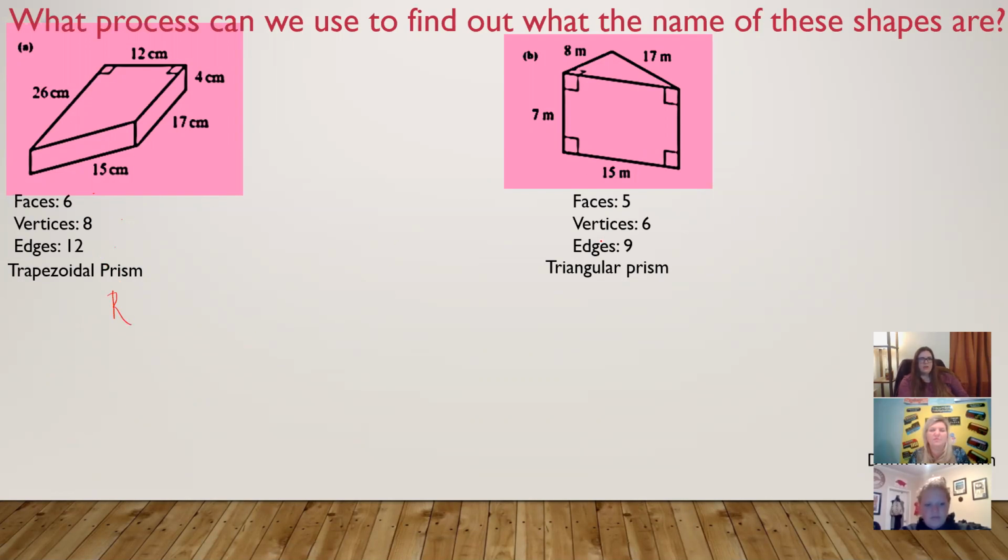And on this one, a 3D shape with 5 faces, 6 vertices, and 9 edges gives you a right triangular prism. So as long as it matches all of those numbers, that's how you figure out the name. That's pretty interesting.